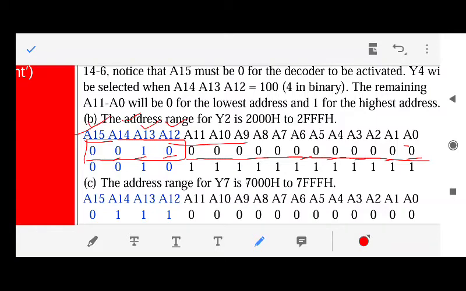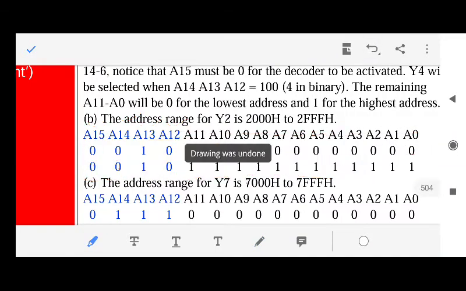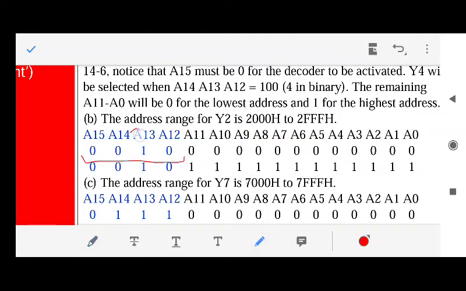Now what is the maximum address? The maximum address is when all the bits of this address are high. But you also have to select the decoder, so these pins should be something like this. So now what is the address range? When you convert this into hexadecimal, 0010 means 2, then 000, 000 and 000.